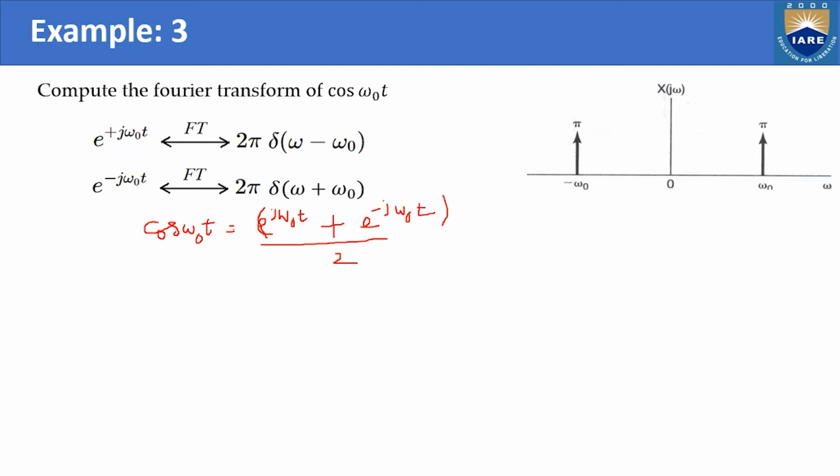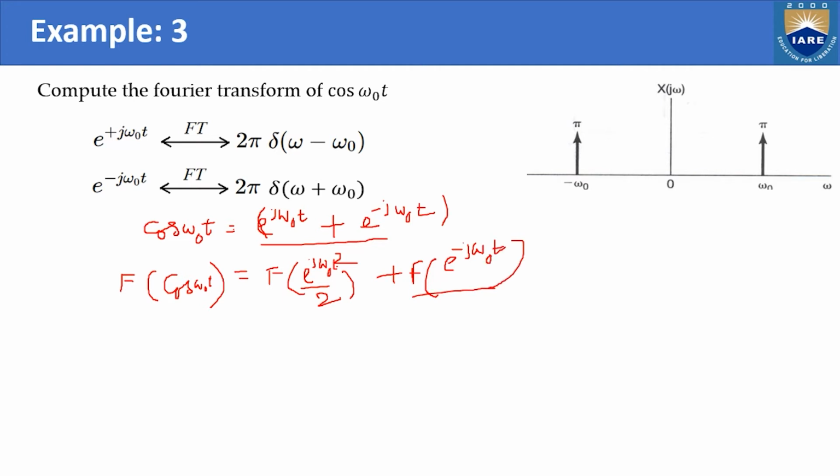The Fourier transform of cos omega naught t is nothing but the Fourier transform of the first complex exponential, e to the power of j omega naught t divided by 2, plus the Fourier transform of e to the power of minus j omega naught t by 2.